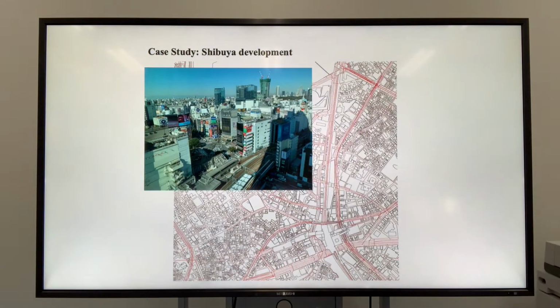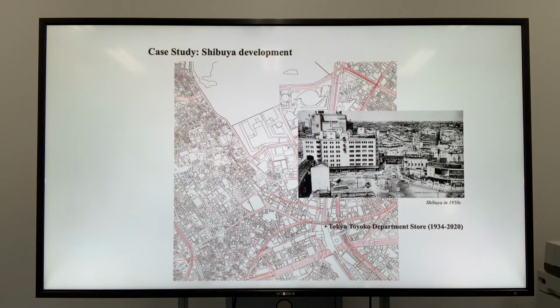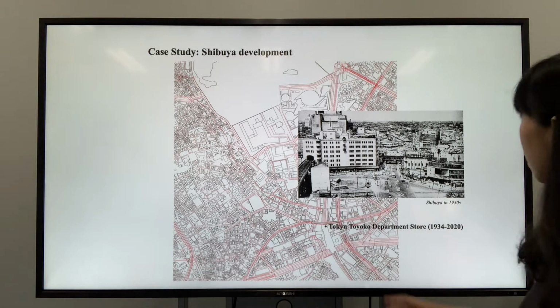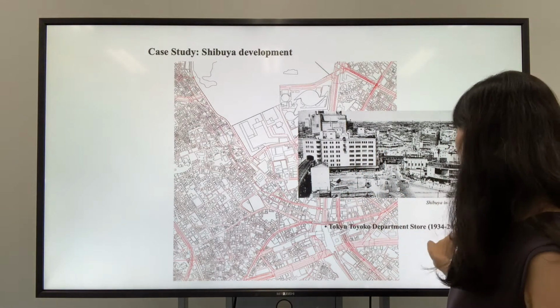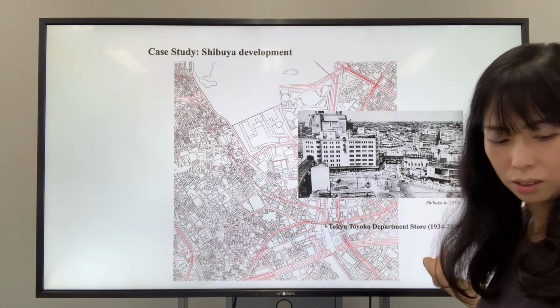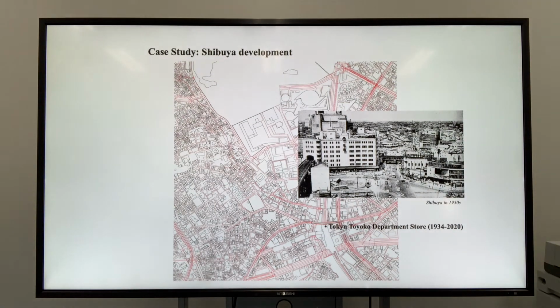So I'm going to explain some brief history of the Tokyu development around Shibuya. First they opened a department store called Toyoko Department Store in 1934. Currently it's under development. They demolished the old one in 2020, which is last year, and they are going to open a new one.